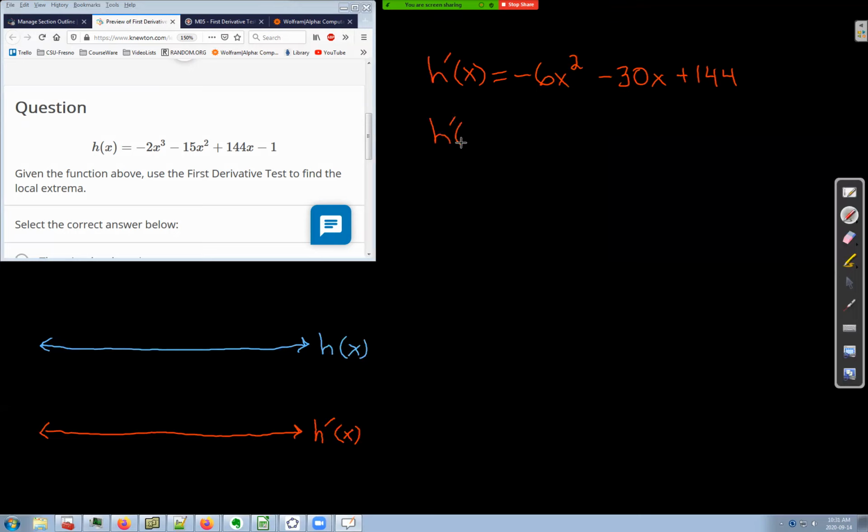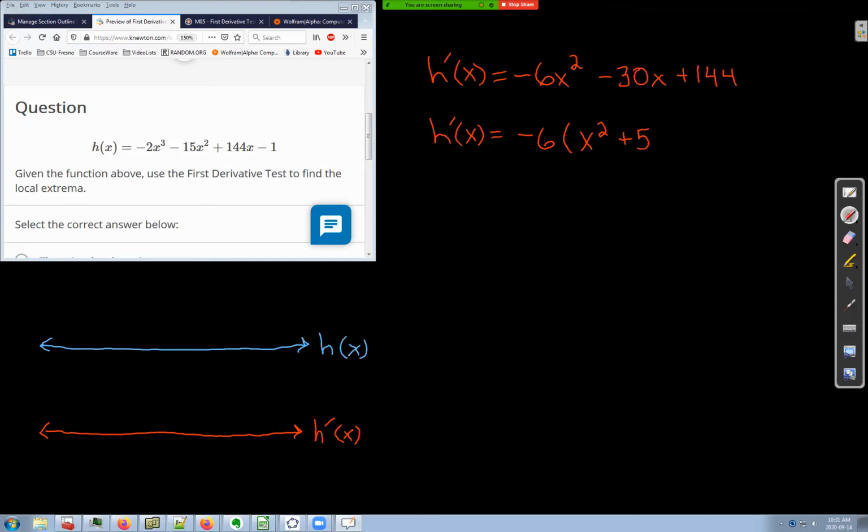So let's see, I hope I can factor out a negative 6. Yeah, because 144 is 12 times 12, so 6 certainly divides that. So let's factor out a negative 6, and hopefully that'll help us understand this a little bit better. We're factoring out a negative 6, so we have x squared plus 5x.